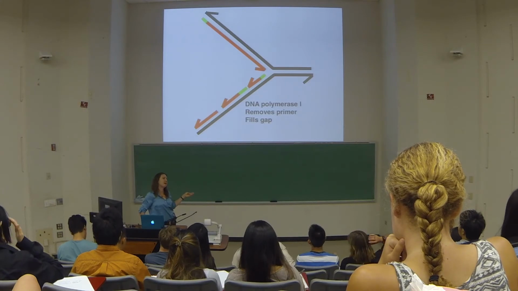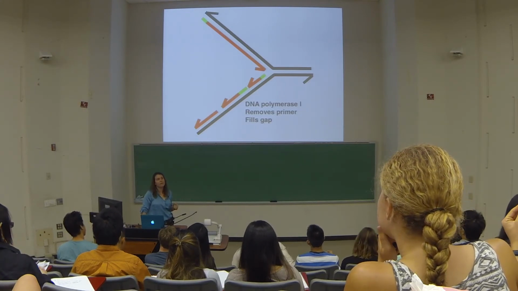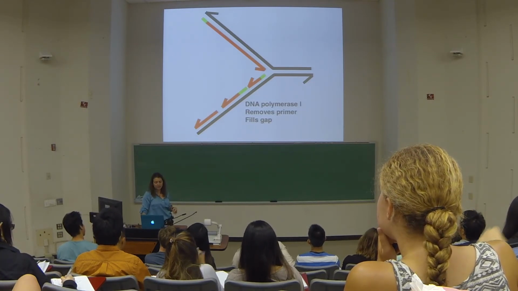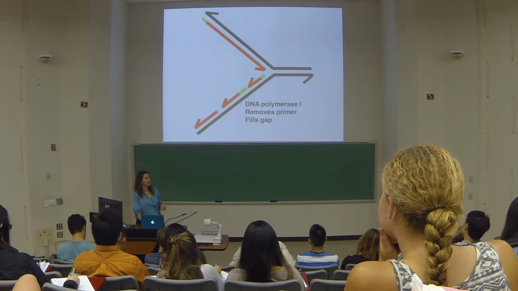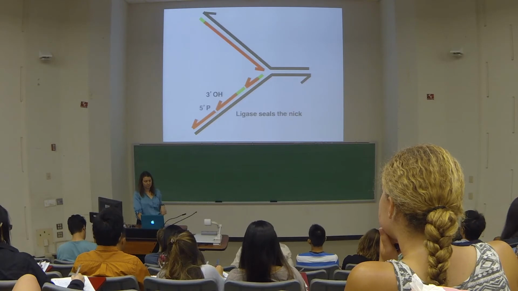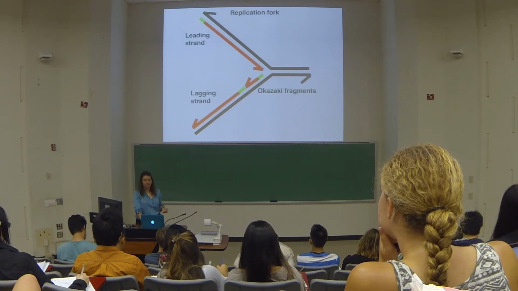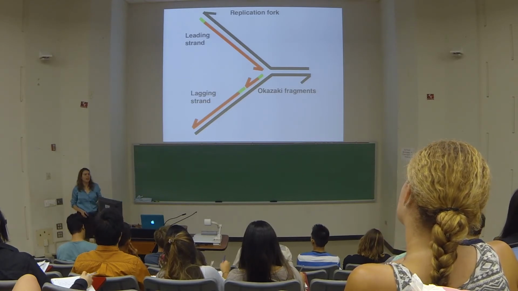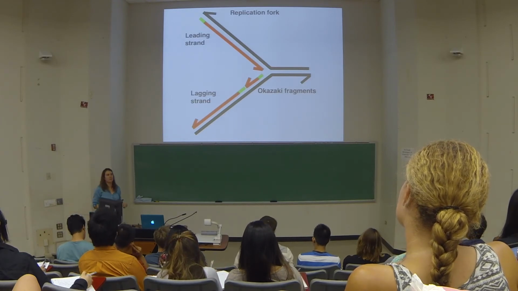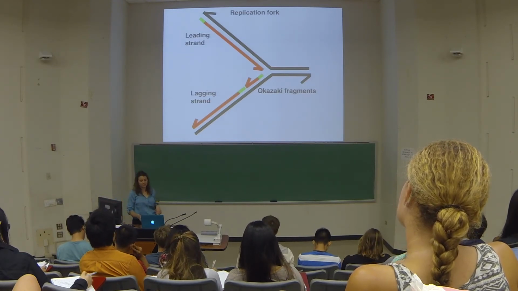Polymerase 3 does the copying. Polymerase 1 for the lagging strand comes in, removes that primer, fills the gap with DNA, and then ligase seals the nick. So on the lagging strand, we have that extra step with polymerase 1 and ligase needed to complete replication of a complete strand.